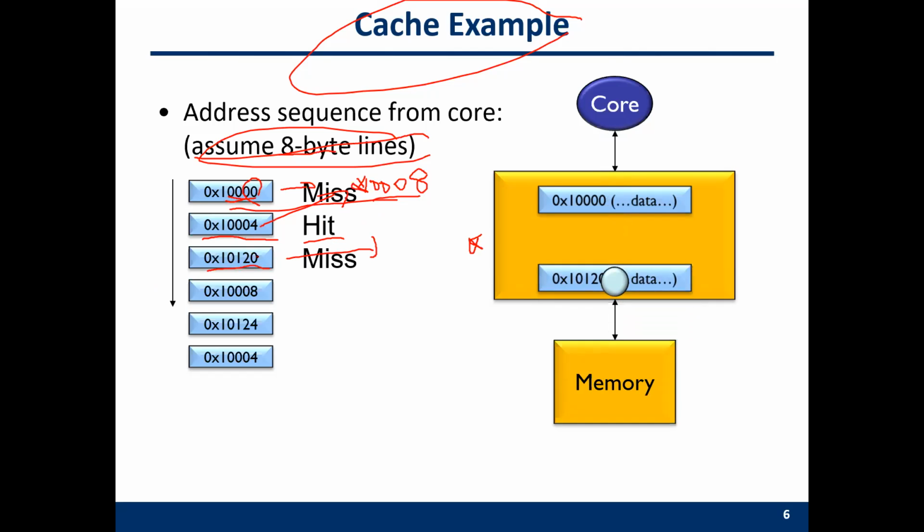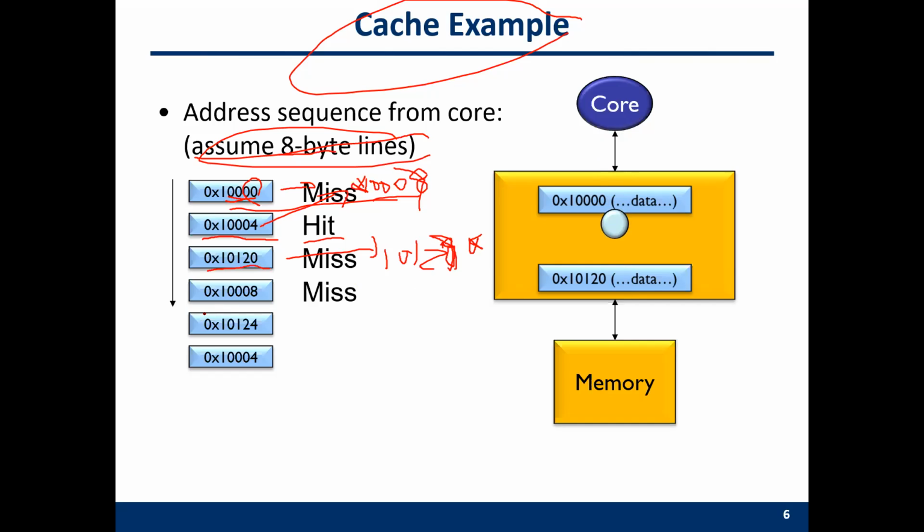Again, this line is between 10120 to 10128, because each cache line is 8 bytes. I'm sorry, each cache line of 8 bytes is from 0 to 7.